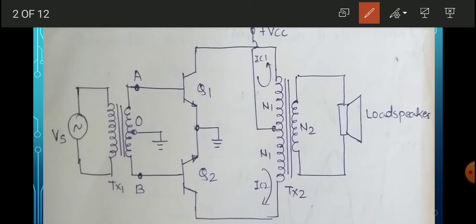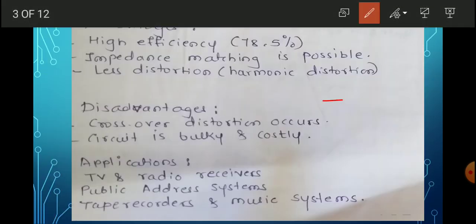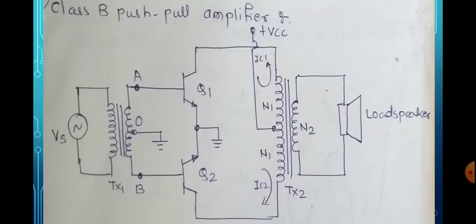Let us now see the working. When no input signal is present, both the transistors remain in the cutoff region. During the positive half cycle, the voltage VAO is positive and VBO is negative. Transistor Q1 becomes forward biased and Q2 becomes reverse biased.